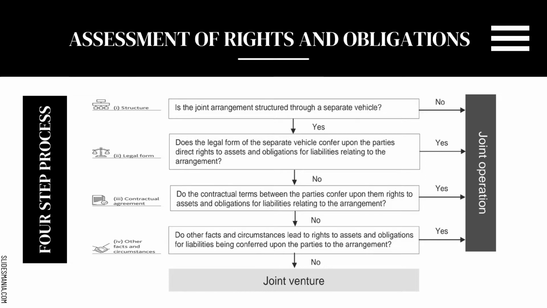So, kanina legal form. Ngayon, check mo yung contractual agreement nila or the contractual terms. Did it confer the rights to assets and obligations to liability? Pag yes, automatic joint operation siya. Pero kapag no, another question ulit.